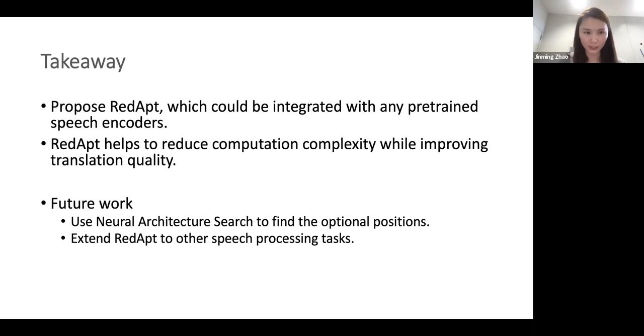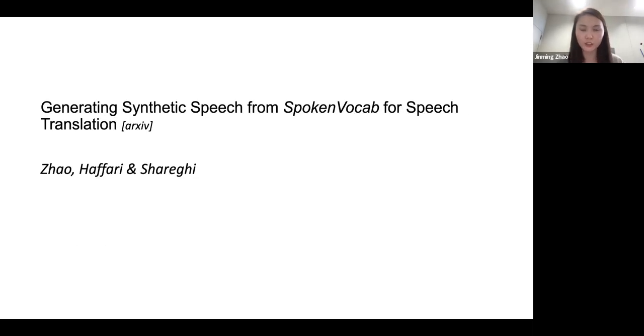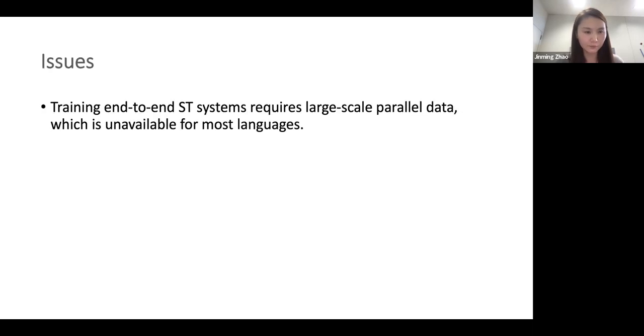Now coming to our last work, where the focus is on data augmentation. It's titled Generating Synthetic Speech from SpokenVocab for Speech Translation. Just a recap, one major issue with end-to-end speech translation systems is that training them requires large scale parallel data, which is not available for most language pairs.